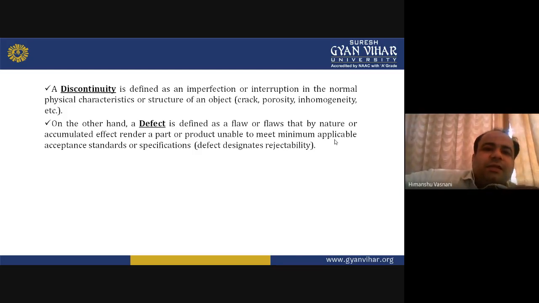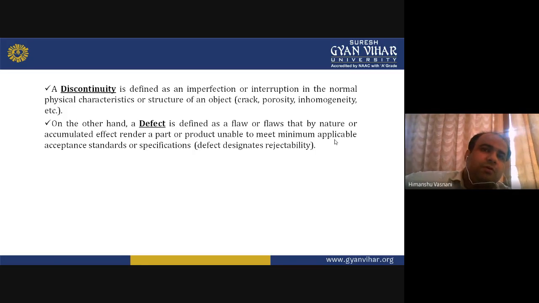Any difference in the physical characteristics that you find is a discontinuity. On the other hand, a defect is defined as a flaw that by nature or accumulated effect renders a part or product unable to meet minimum applicable acceptance standards or specifications. If a defect is there, then rejectability can follow.